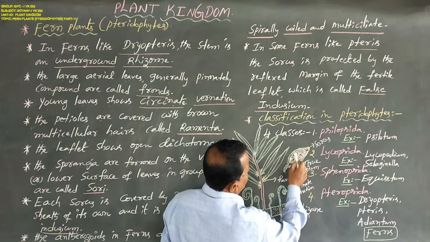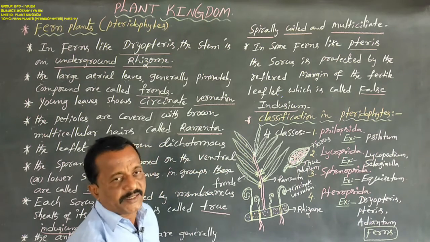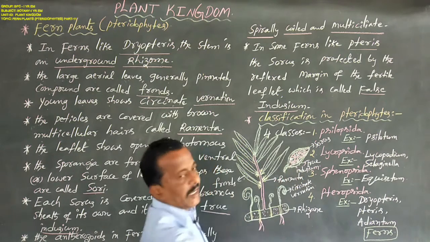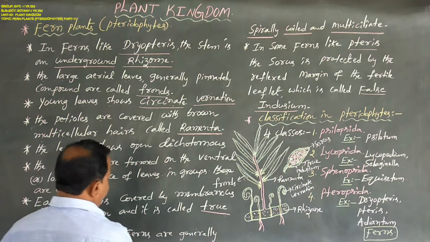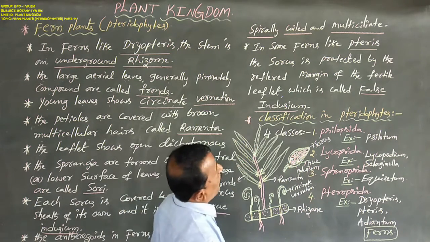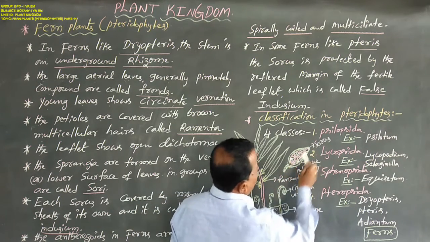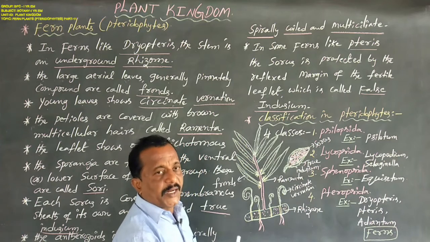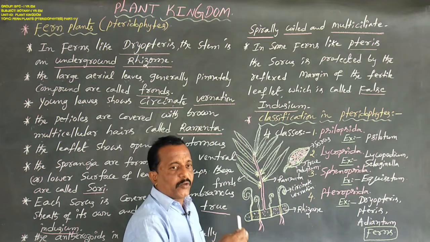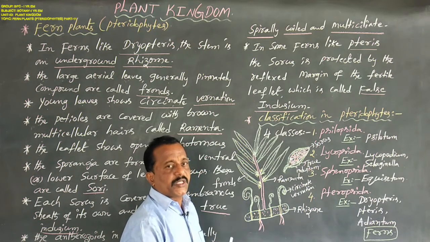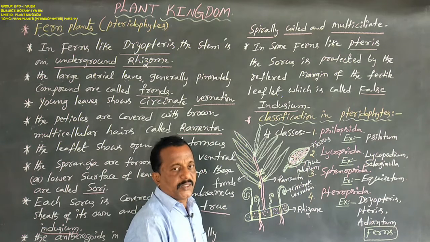The sporangium also contains spores or sporangial mother cells. The antherozoids in these plants are generally spirally coiled and multiciliate. The sorus has microsporophylls and megasporophylls. The microsporophylls produce several antherozoids.